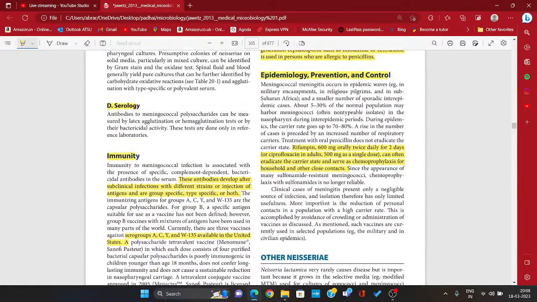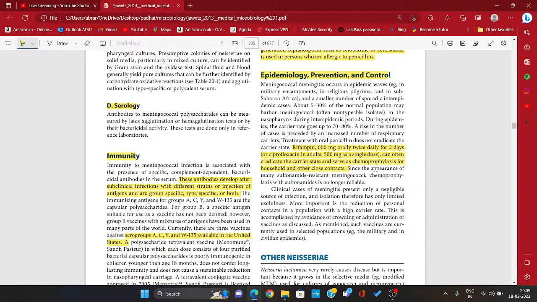Clinical cases of meningitis present only a negligible source of infection, and isolation therefore has only limited usefulness. More important is the reduction of personal contacts in a population with a high rate of cases.